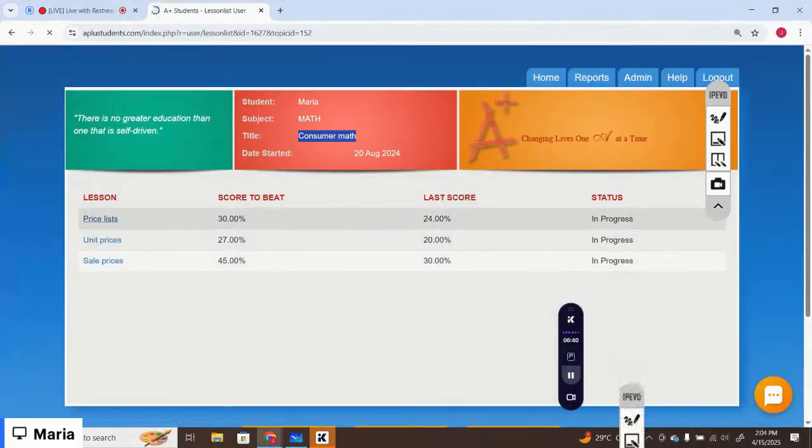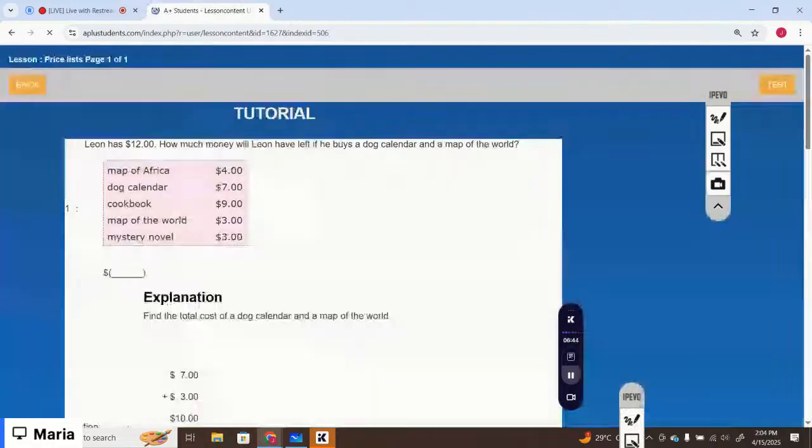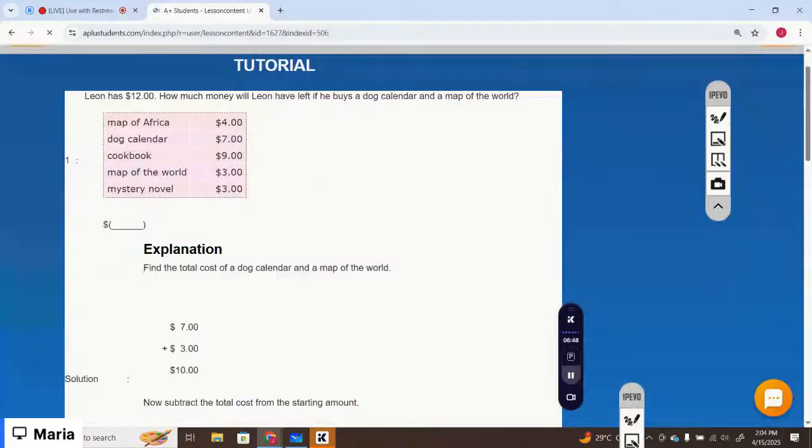Let's just start with the lesson that is price list. Let's start with an example.